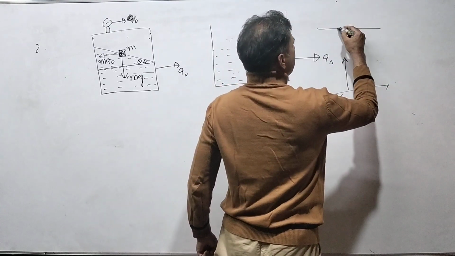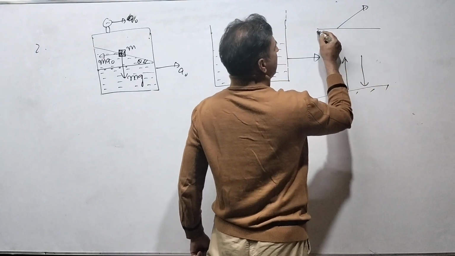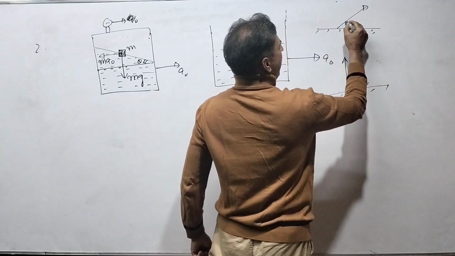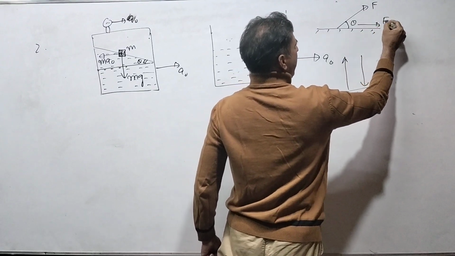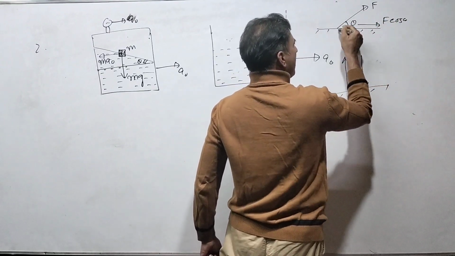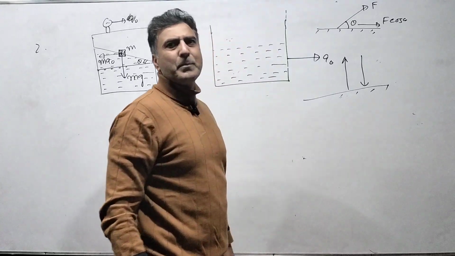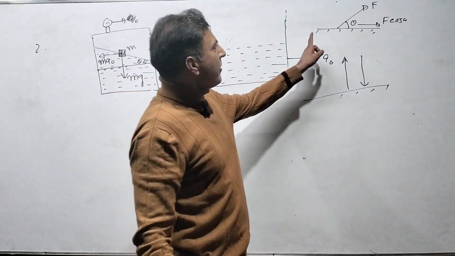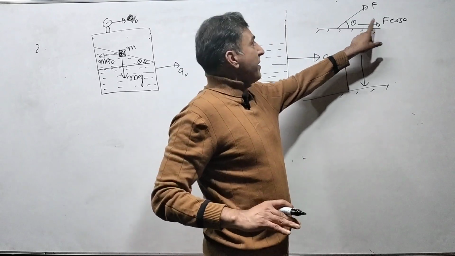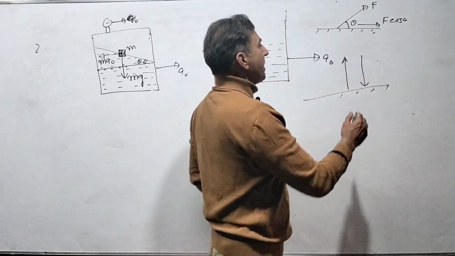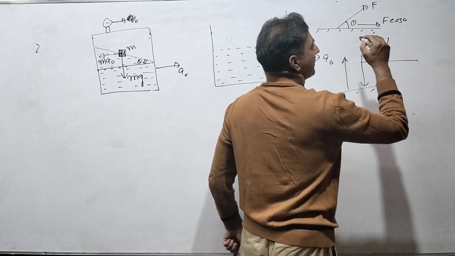If the force is like this, this is a water surface, and this is theta, this is the force. The component of the force in this direction, F cos theta, will make the water flow. So in order for the water surface to remain in equilibrium, the net force must be perpendicular to the water surface.